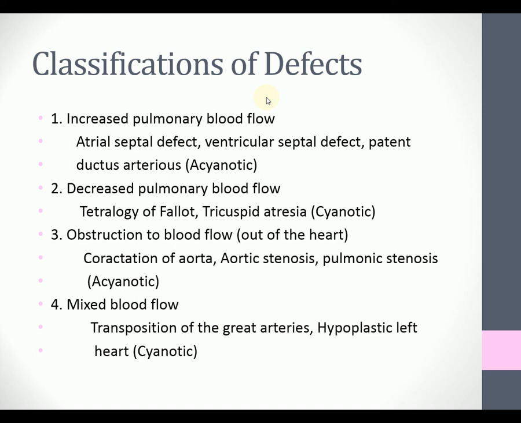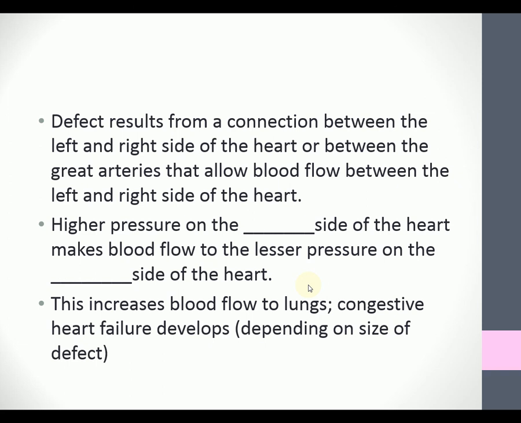The tetralogy of Fallot, the coarctation of aorta, transposition of the great arteries, and hypoplastic left heart, we just did comfort care for those. Now, babies born with any of these things have a chance to live as long as they get their surgery done on time. All right.